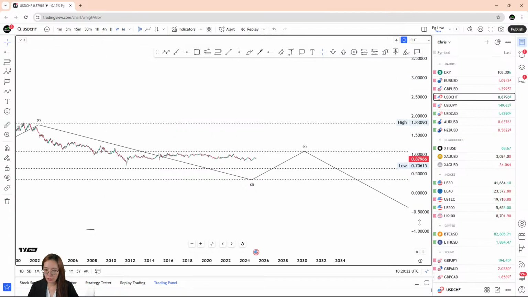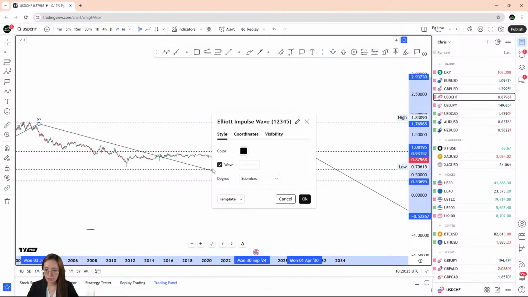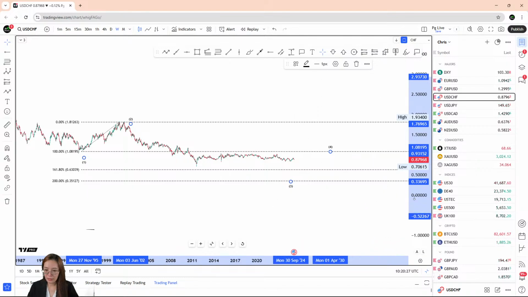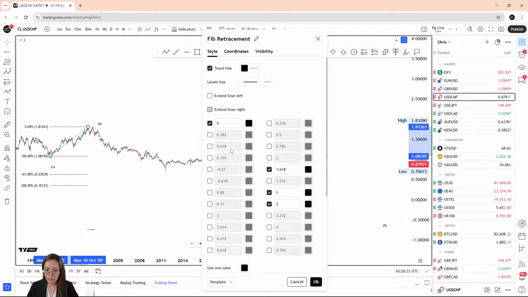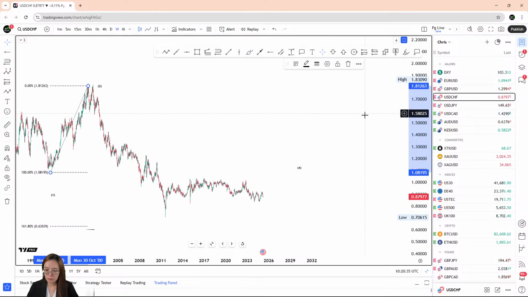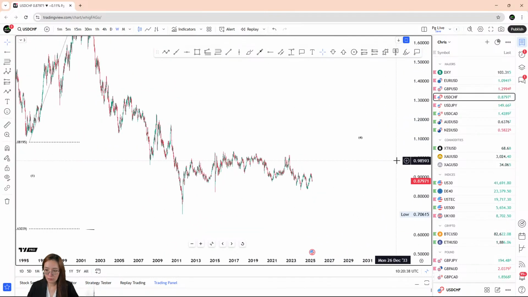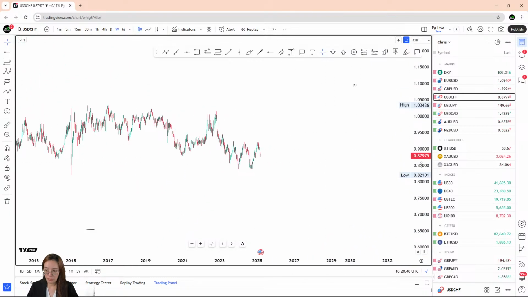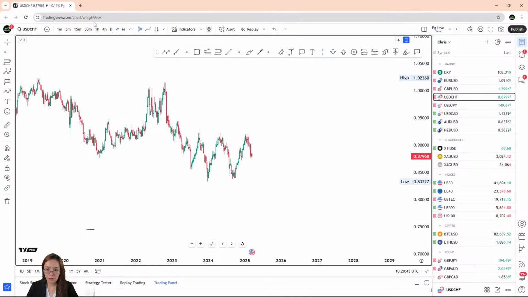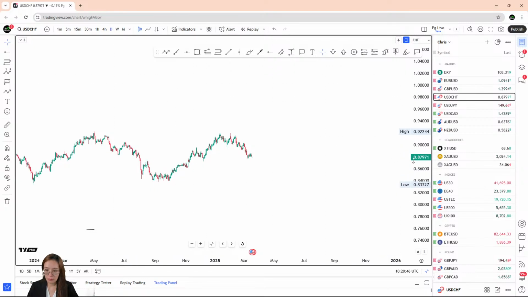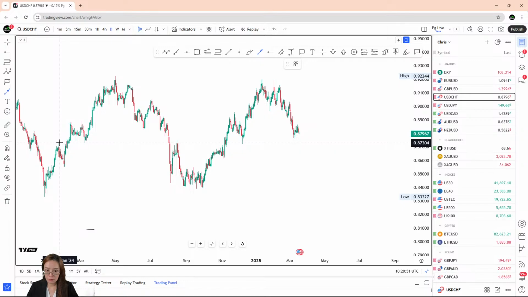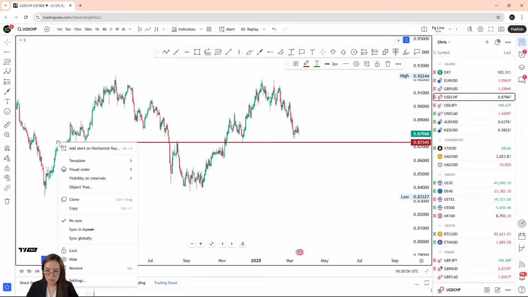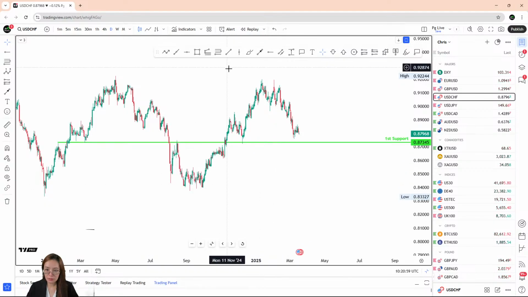This is monthly. I go weekly. I will leave it like that. I'll just find the key level for you. This is the support level, okay, guys.